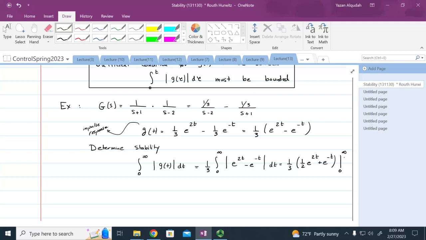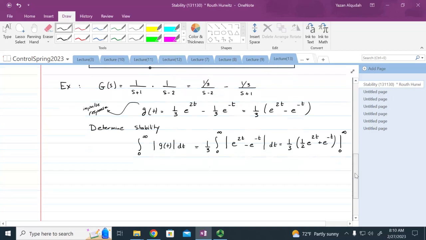Is that clear, everybody? Okay, so if I look at this, is this bounded or not bounded?